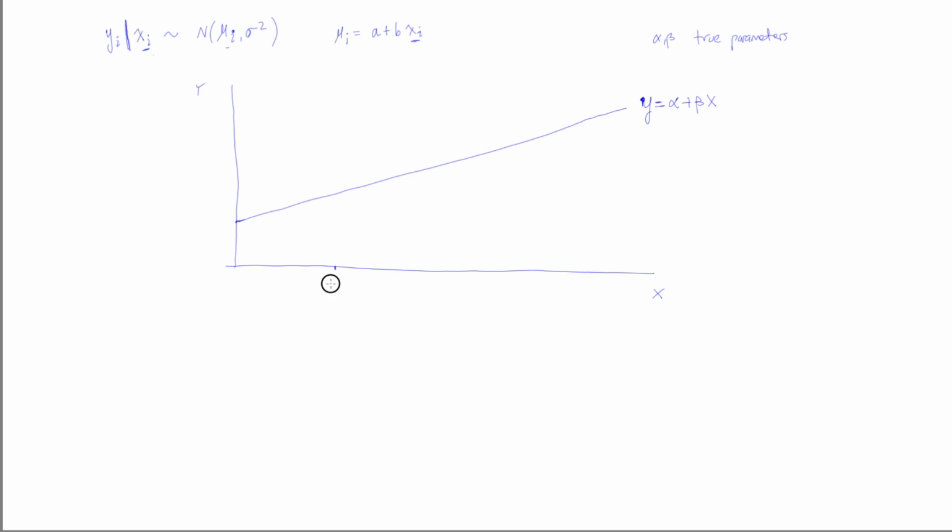Okay, now let's look at xi. Well, at this point, we just look at all the y values for this point. Now, what the true line says is that the mean, right? We have a distribution of the yi given the xi, which is going to be Gaussian.